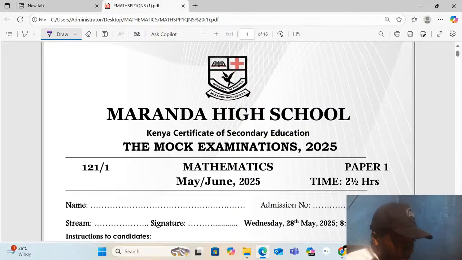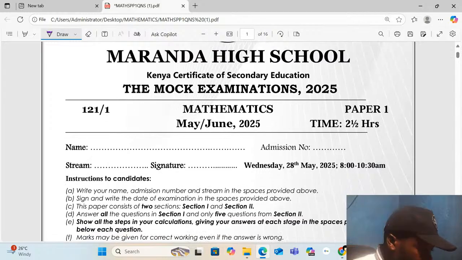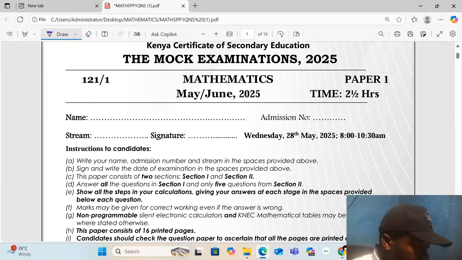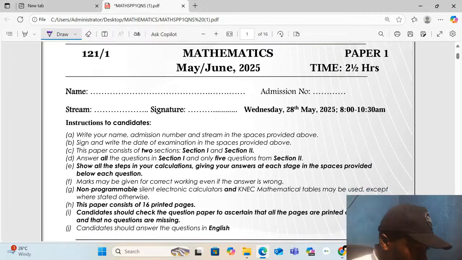So we'll be looking at section 1 of this paper, which runs from question number 1 to 16. You can see the instructions.